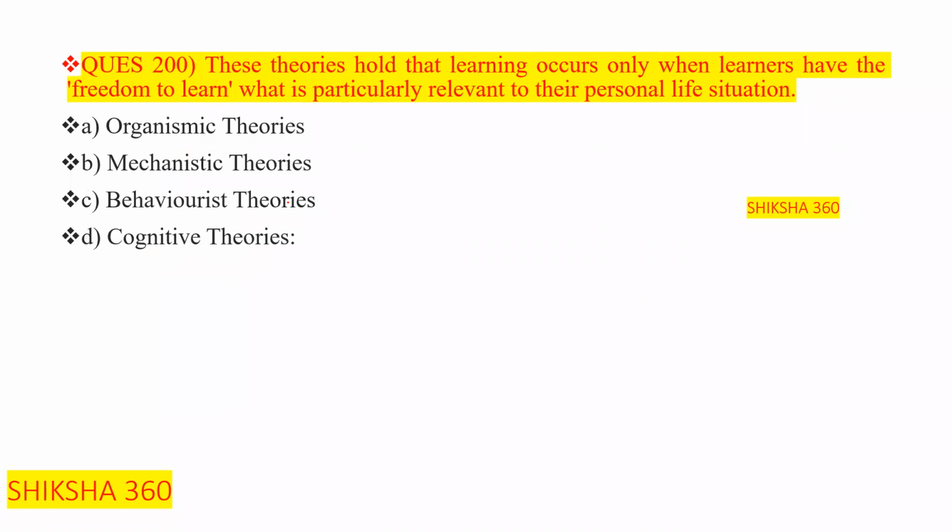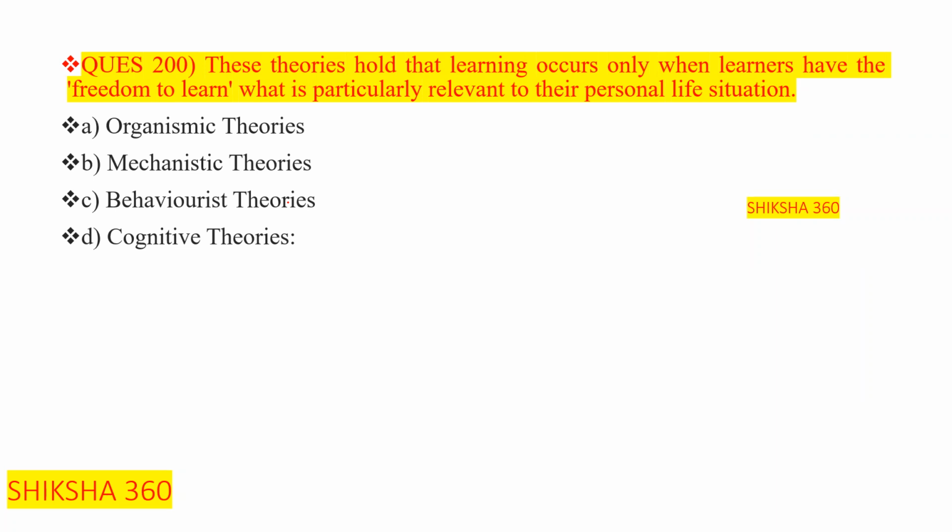Now move to the next question, related to chapter number 21. These theories hold that learning occurs only when learners have the freedom to learn what is particularly relevant to their personal life situation.